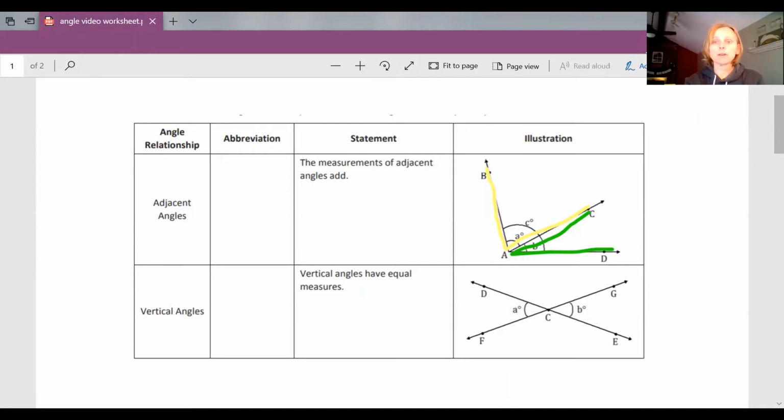All right, so I'm going to get rid of those lines real quick and talk about the equation that they're asking us. It says here, statement: write a mathematical statement that describes adjacent angles.